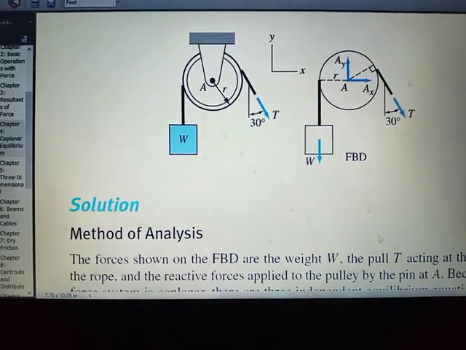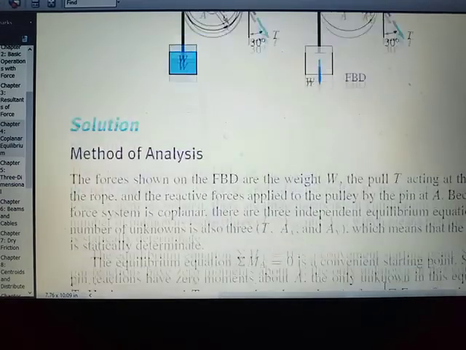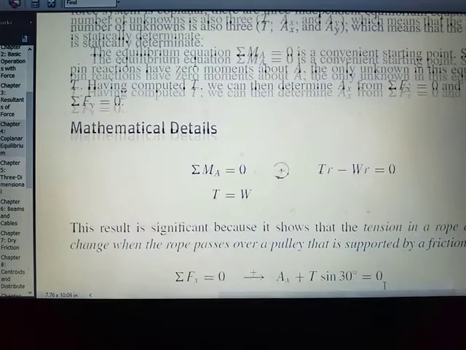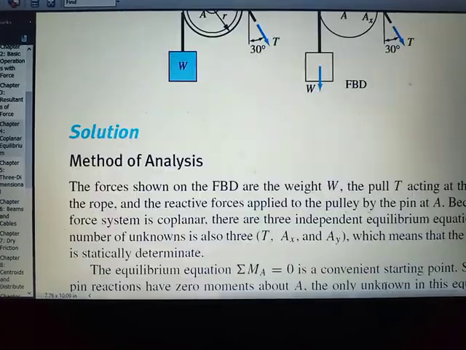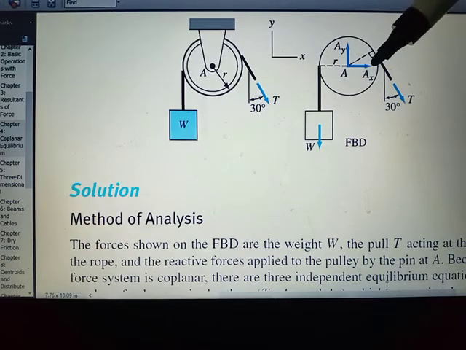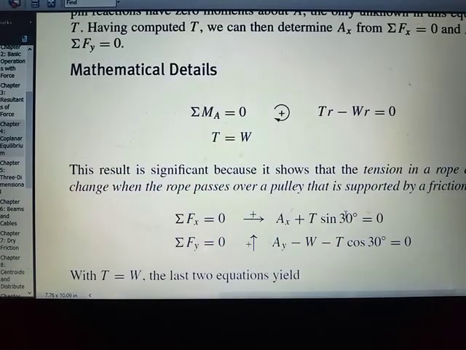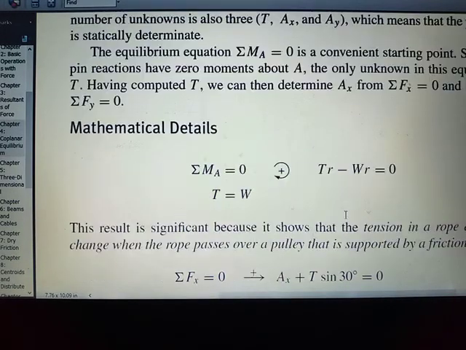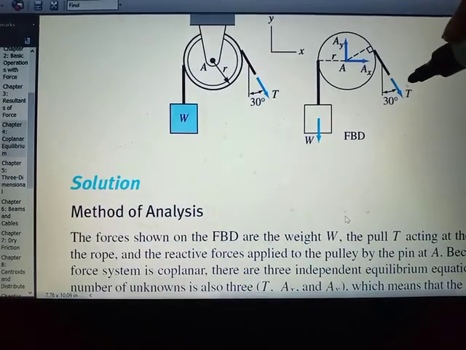AX is to the right, so it is positive. So AX plus T sine 30 degrees. Why?